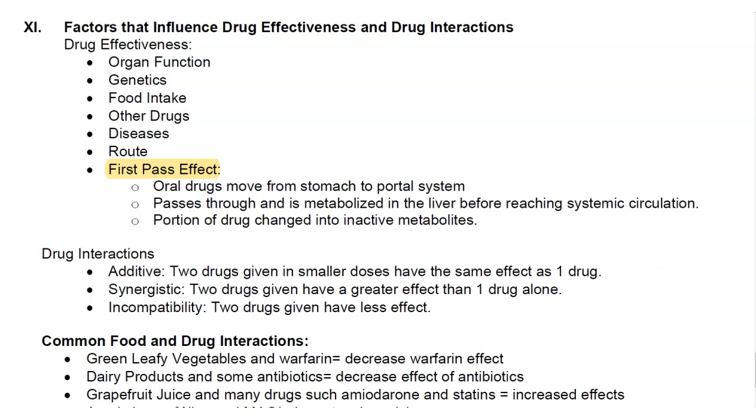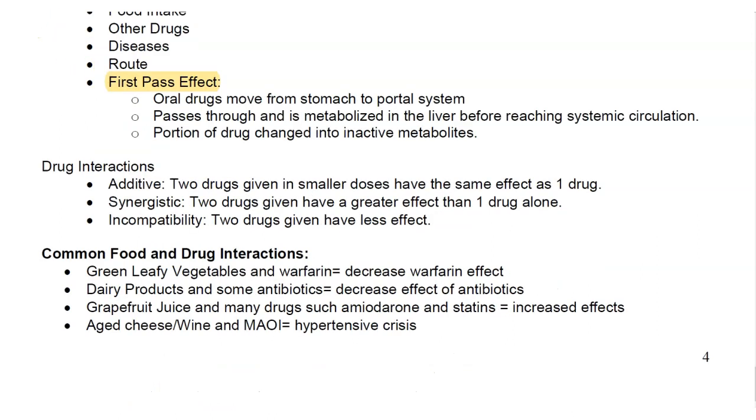So if it doesn't go through the digestive tract, usually that does not get affected by first pass effect. And again, the drugs that are often affected by first pass effect would be your PO medications, and sometimes NG, nasogastric tube medications or gastric tube routes can be affected by the first pass effect.